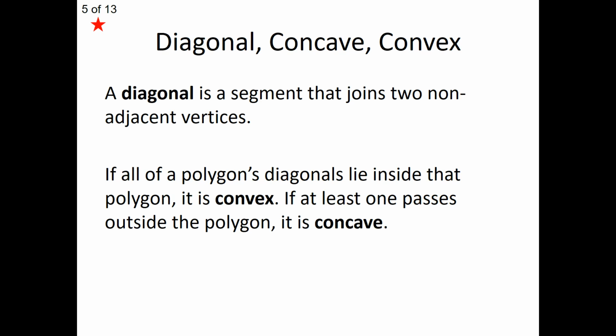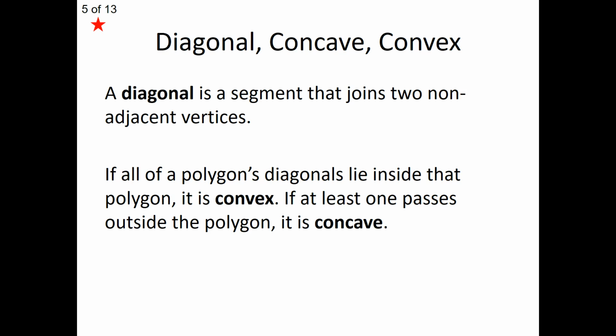That diagonal is going to help us determine whether a polygon is convex or concave. In order for a polygon to be convex, all the diagonals must pass through the interior of the polygon. But if there's at least one diagonal that passes on the exterior, then we call that a concave polygon.